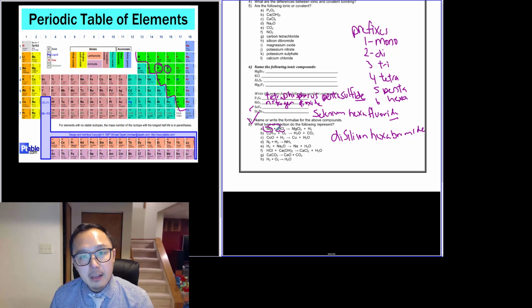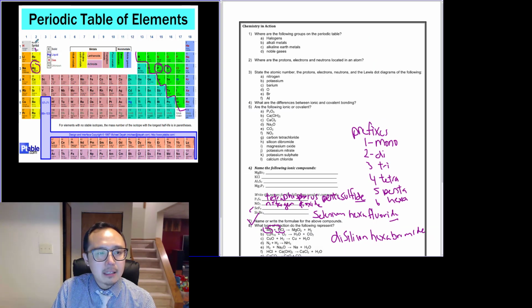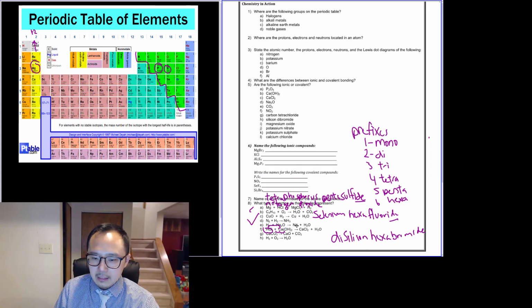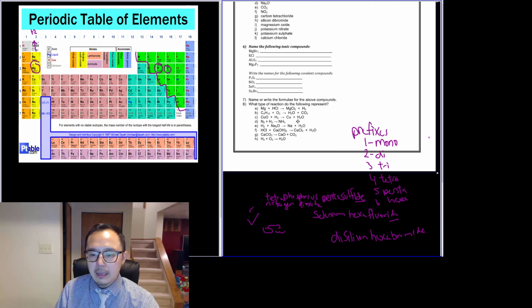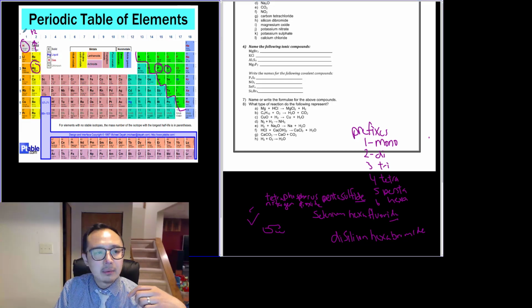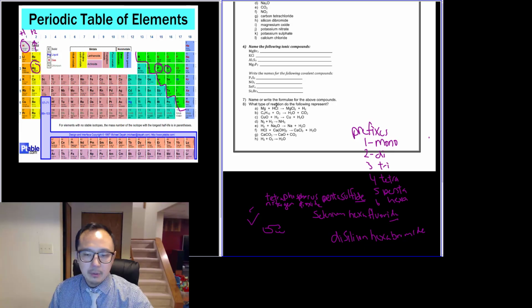So where did I get this positive from? If you look at magnesium, this is an alkaline earth metal, and because it's on the metal side, this one has a +2 charge. And if you look back over here, this one will have a +1 charge for hydrogen. Here, because it's in group number 1, alkali metal, this one will have a +1. So in a single displacement reaction, this positive side will change places with the other positive side.